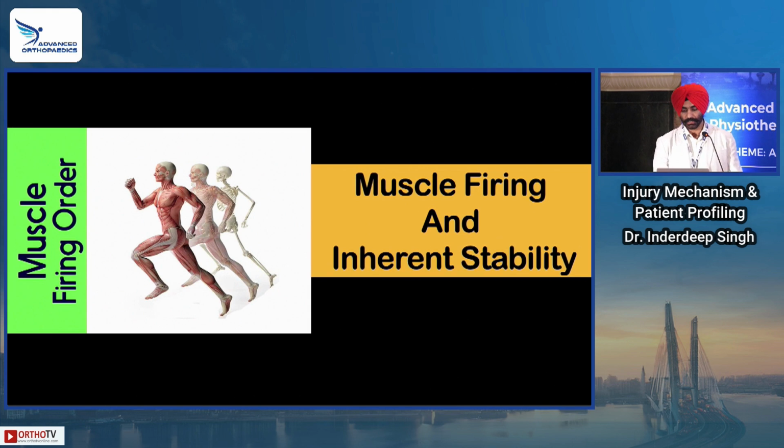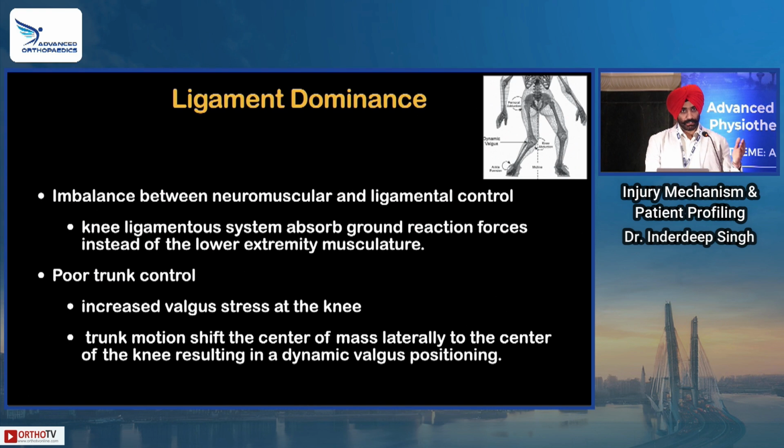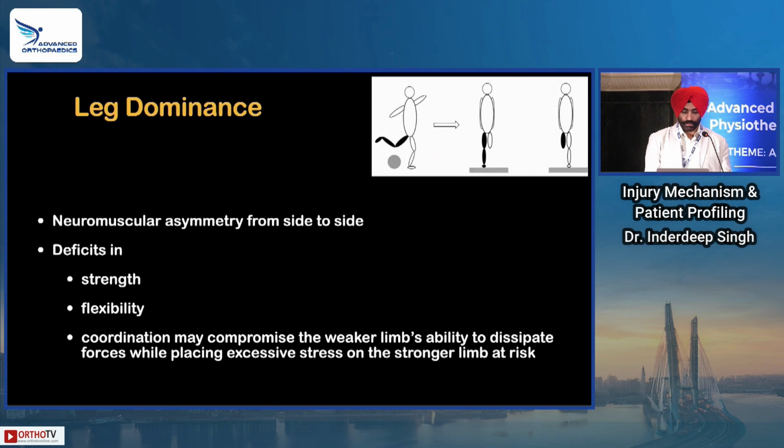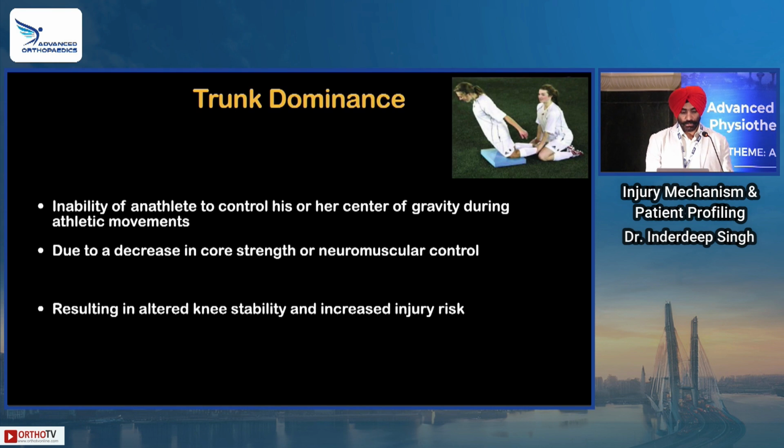So muscle firing and the inherent stability has already been spoken about by the previous speaker. We should know whether the leg is ligament dominant or quadriceps dominant. So also the leg dominance, which leg is dominant, and the trunk dominance.